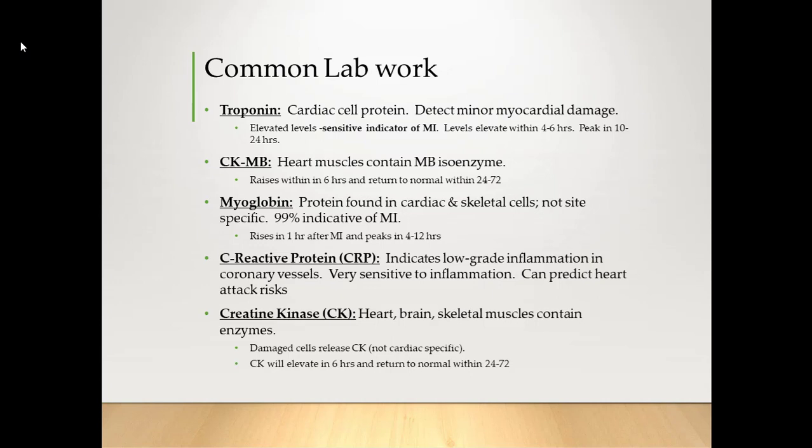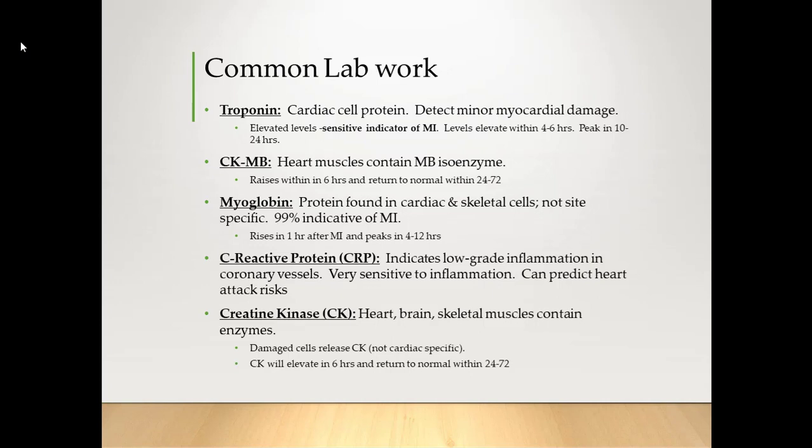So then myoglobin is one that is found in cardiac and skeletal muscle cells, but it is not specific to the heart muscle, it's not specific to the skeletal muscle, but it is 99% effective in diagnosing an MI.